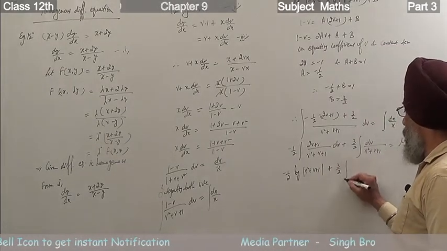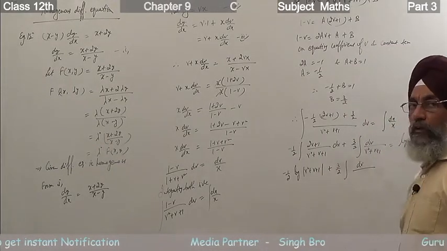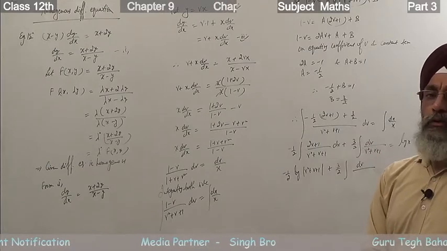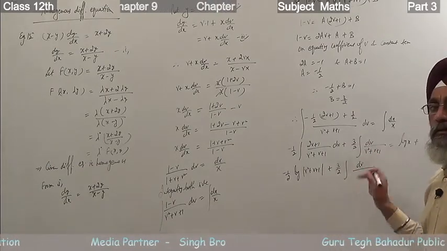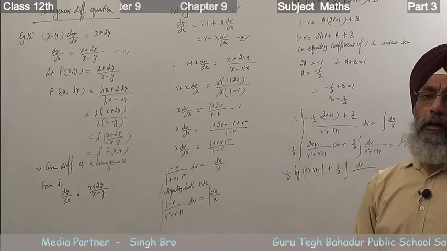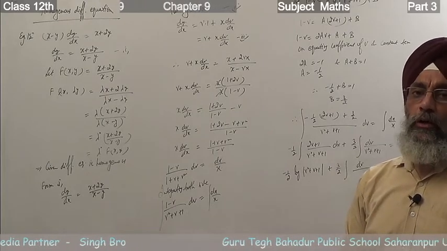So 3 upon 2 dv upon v square plus v plus 1. The coefficient of v is 1 here. We have to add and subtract the square of half of the coefficient of v.